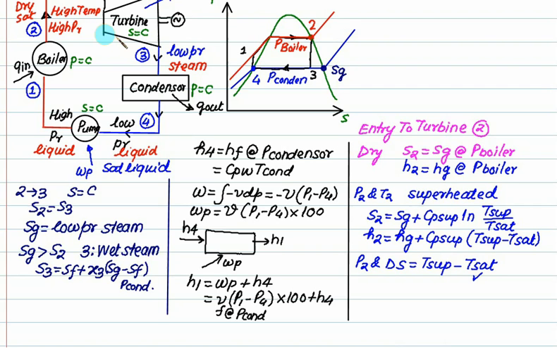If the entry to the turbine is superheated, and I select such a point like this as 2, and if I come from this point, I am getting point number 3 here. So for this case, S2 will be calculated like this, and suppose by chance point number 3 is here.